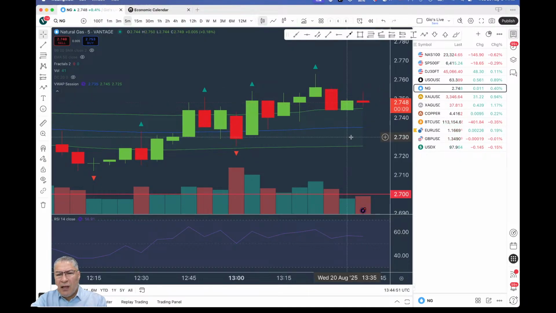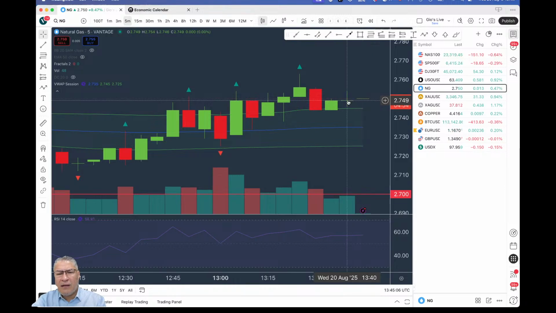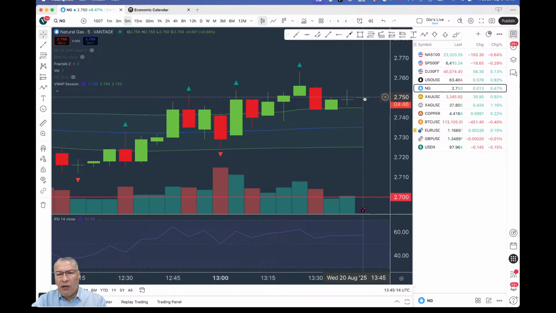So 9 seconds, 7 seconds, 5 seconds, 4, 3, 2, 1, and doji. So the doji tells us there's going to be a trend change, but this candle opened a gap higher, so momentum to the upside is still being favored.